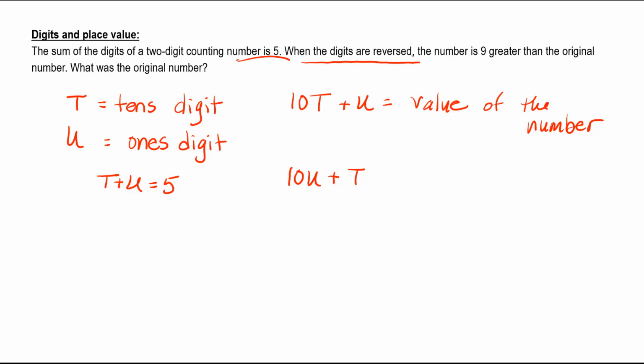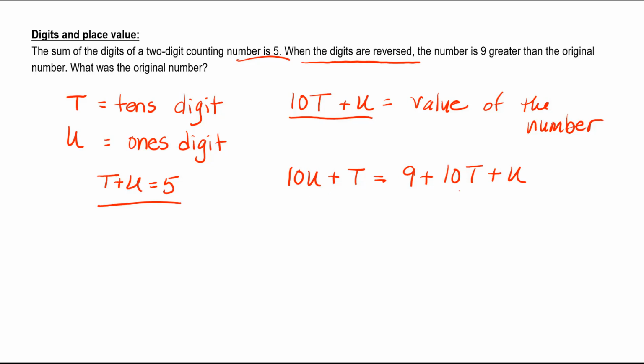And they're telling us that when the digits are reversed, that number is 9 more than the original number. And the original number has a value of 10t plus u because the t is in the tens place. So we can go ahead and solve, because 2 equations, 2 unknowns means you have enough information to solve it.